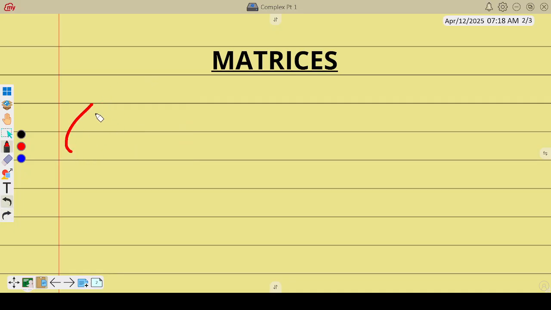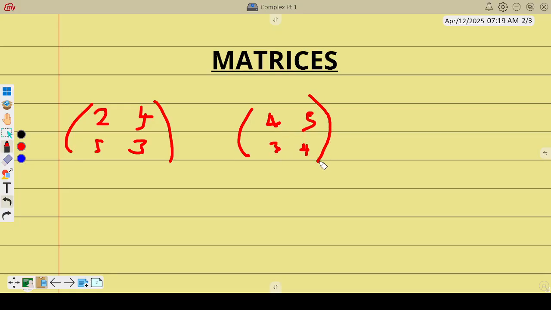So if you have this and that, you should be able to add: this will add with that, this one will add with this one. You only add corresponding items. Yeah, and then the concept of multiplying.